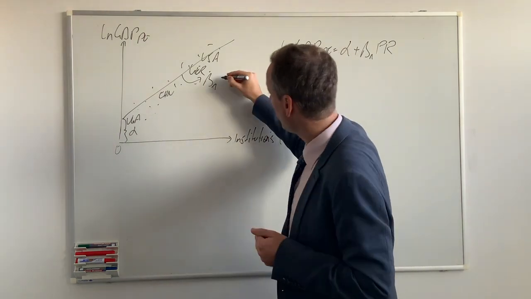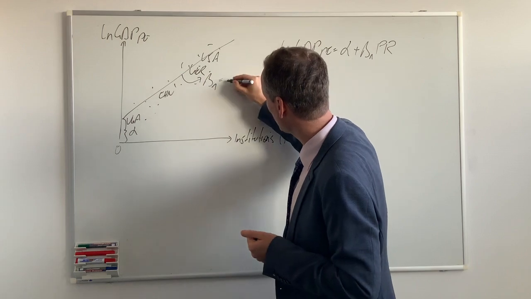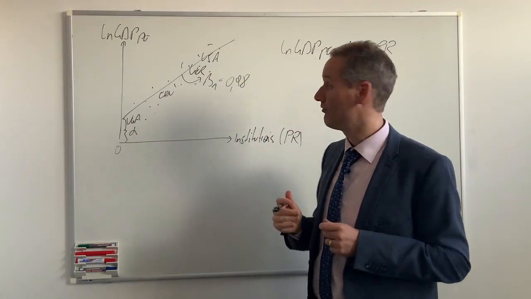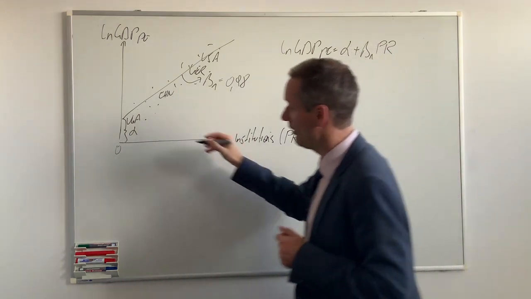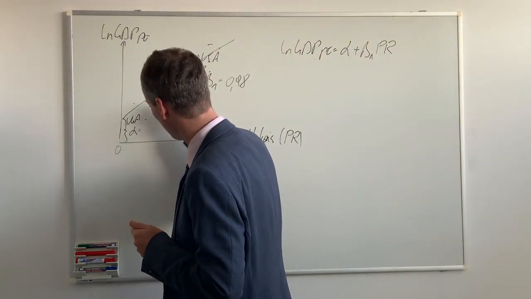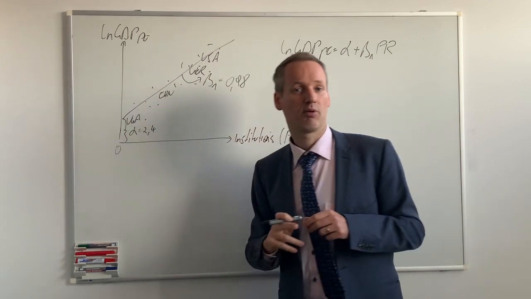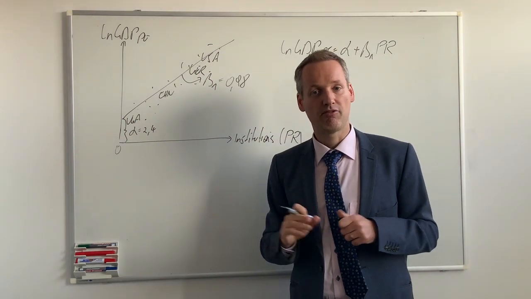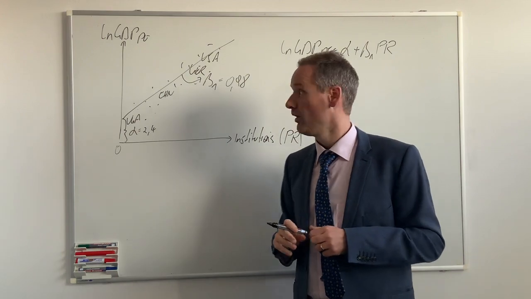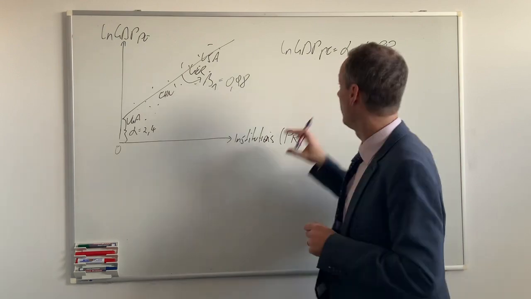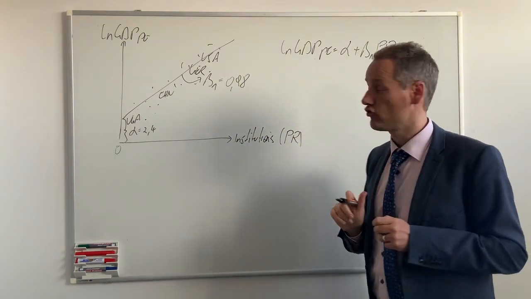Okay, suppose the beta 1 is 0.98. Okay, a positive coefficient of 0.98, and say the alpha equals, well, say 2.4. That's what I get from the estimate if I'm running it through the computer. So then this would be the best fit of the line, showing this simple relationship here.